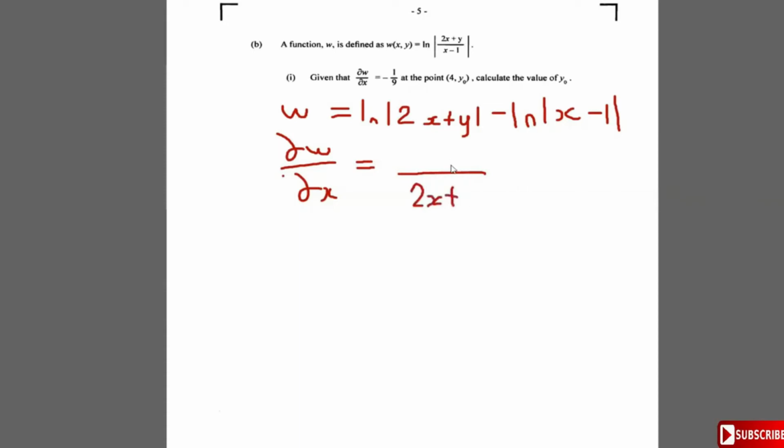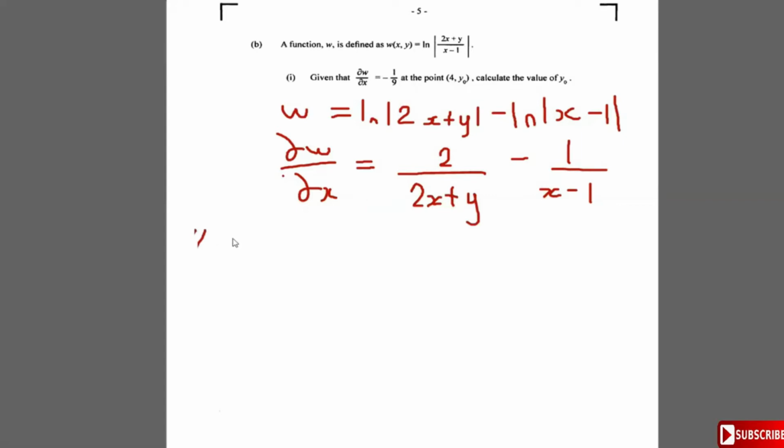So it is 2 over 2x plus y minus, we differentiate ln x minus 1, we get 1 over x minus 1. So that's dou w by dou x. Importantly, they tell us that at this point 4, y0, dou w by dou x is minus 1 over 9.